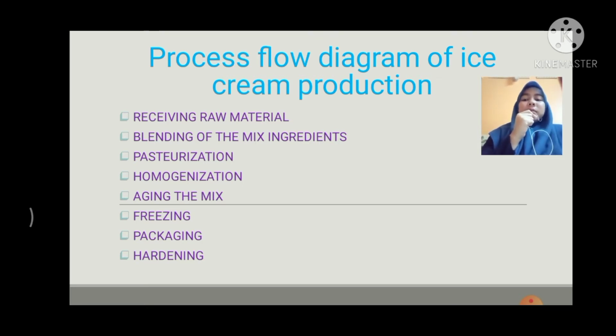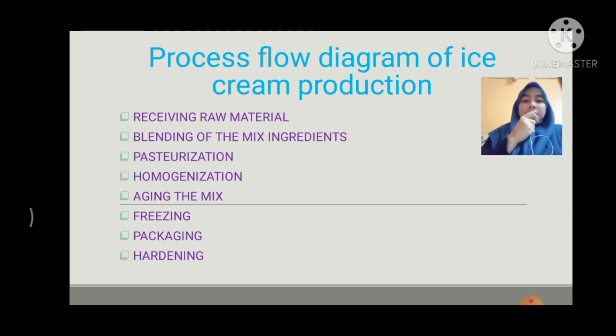All the mixed ingredients will be pasteurized to reduce the number of spoilage organisms like psychrotrophs, and also to help hydrate some of the components like protein and stabilizer. Pasteurization can use both batch and continuous methods.